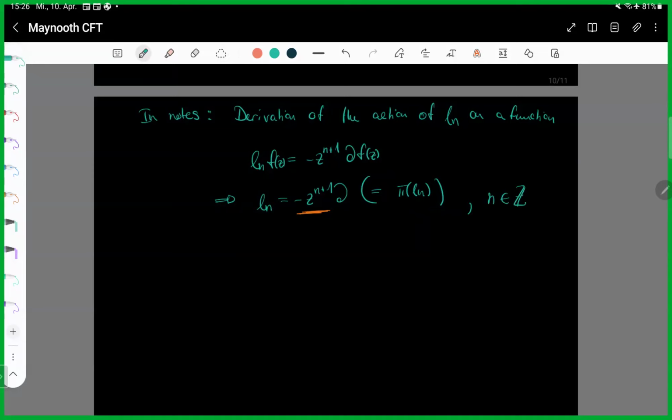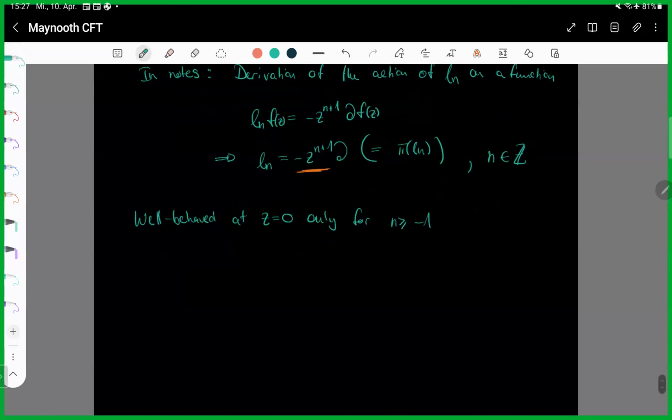In particular, it can be negative. Okay, so what we see is that this thing here is well behaved at z equals 0 only for, well, you can read it off. If the power is negative, then you pick up a singularity. So we need n to be bigger than or equal to -1.